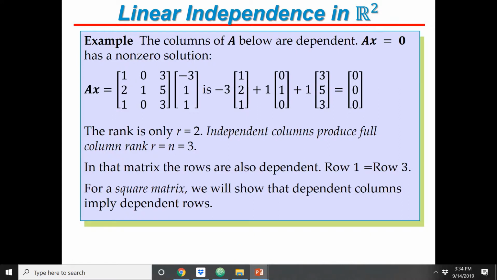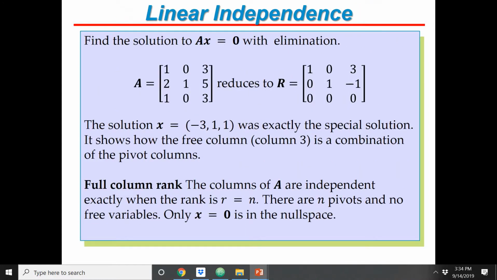So the right way to do this, using what you are learning in linear algebra, is to do elimination: take this matrix, reduce it to the reduced row echelon form, and here is R. You can see you have two pivots, so you have two independent rows, two independent columns, and immediately you can see that you have one free vector, and that free vector, based on what we have learned, is (-3, 1, 1).